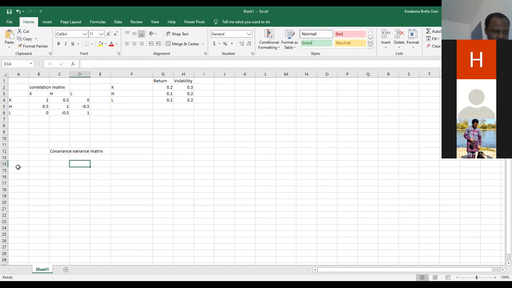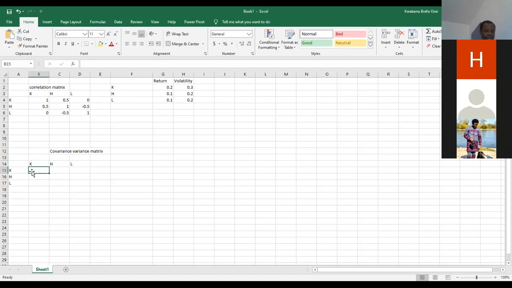So I will say this is K, H, L. If I'm looking for the variance of K, we've been given correlation matrix, but anytime you are looking for the covariance, it's the same as the correlation times the volatility of the two.